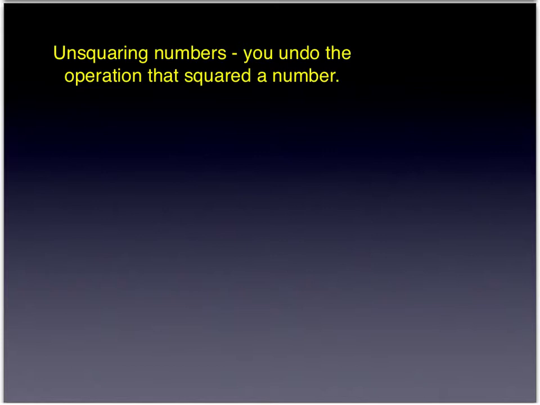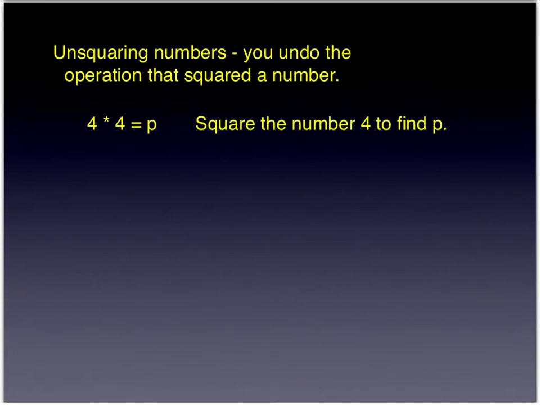Okay, so to unsquare a number, you undo the operation that squared a number. So for example, 4 times 4 equals p. Here you are squaring the number 4 to find p.